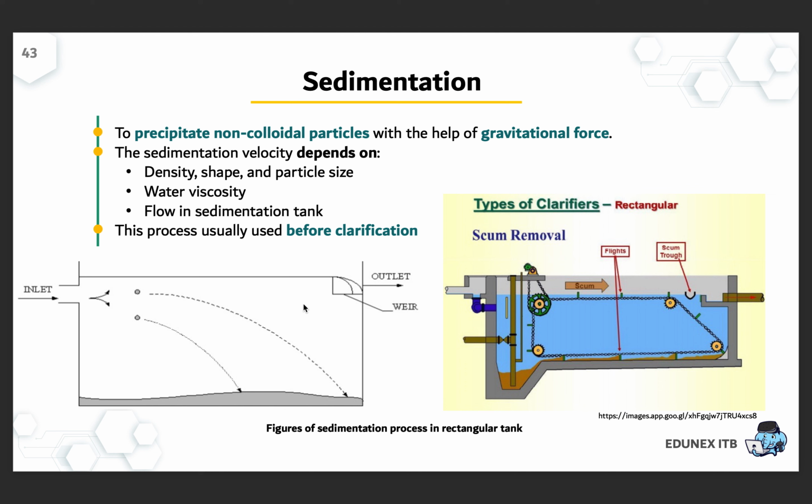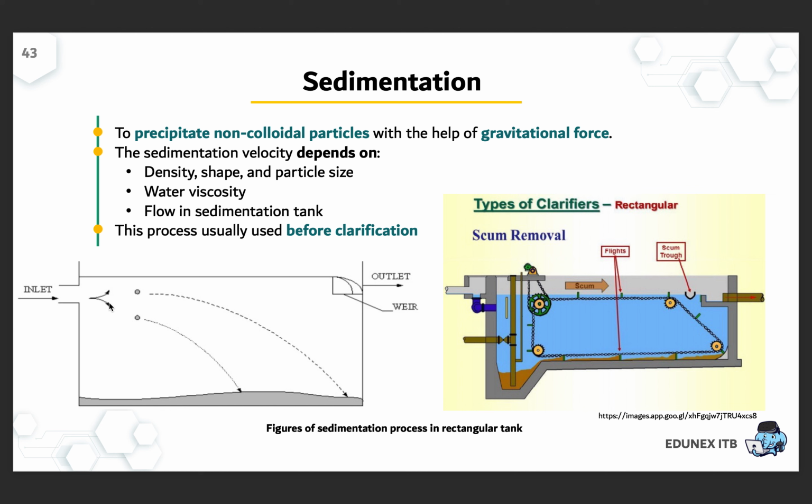So how sedimentation works, this is just a quick recap. Basically, you have one inlet and one outlet, so the fluid and particles to be separated enter the sedimentation tank via the inlet pathway here.